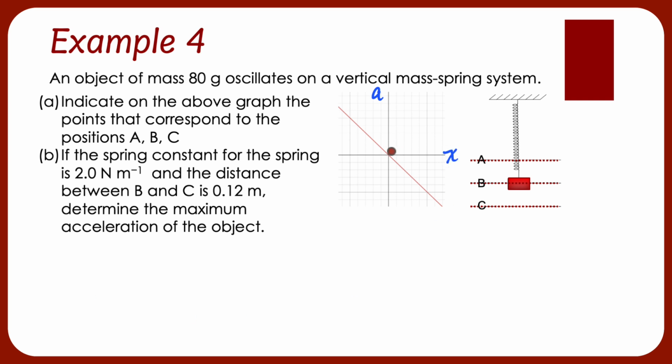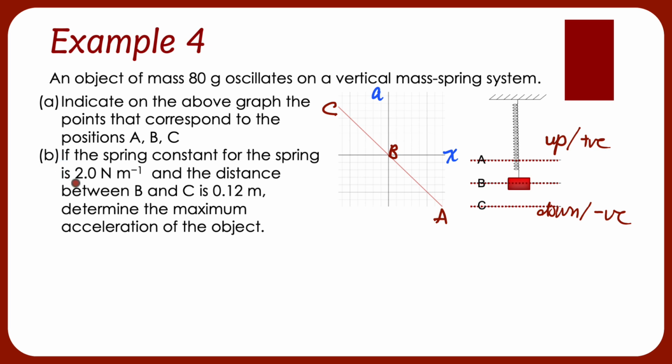If I mark these pieces on here, my equilibrium is where my x is 0. And over here, where my x is positive, I'm going to say up, and that's going to be positive. And this down, let's say this is negative. So that means when my x is positive, A will be here, and C would be here.